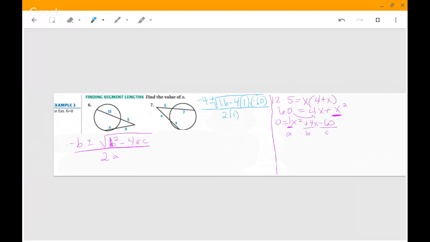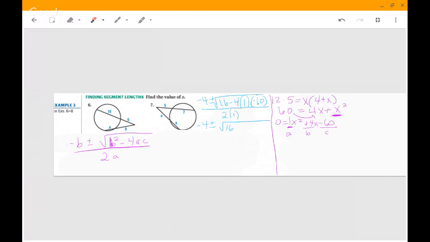All right, so then order of operations, you need to do everything under the radical first. So keep that -4 out front, plus, minus. The 16, you can't do anything with it yet because some other things are multiplied.